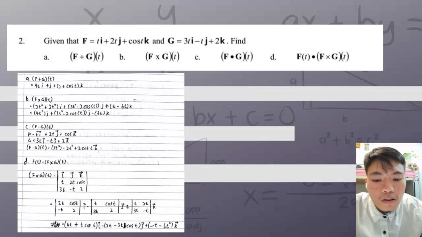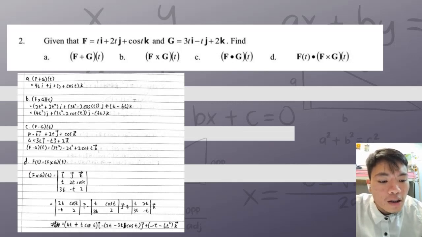Next, question 2. Given that f(t) equals ti plus 2tj plus cos t k and g(t) equals 3ti minus tj plus 2k, find f plus g of t.